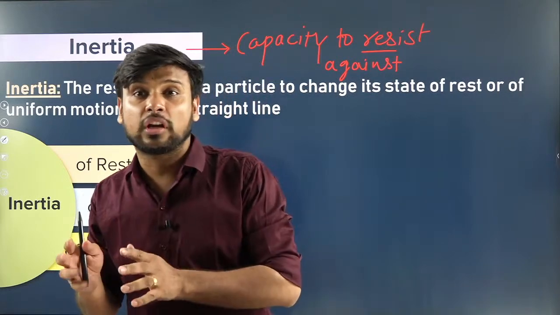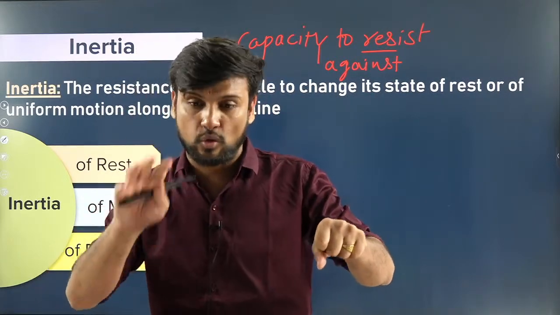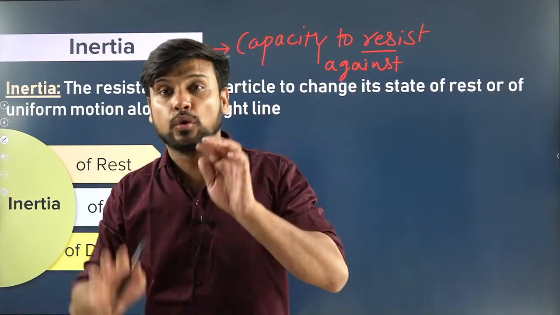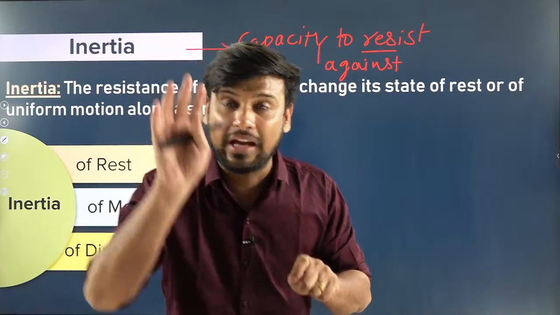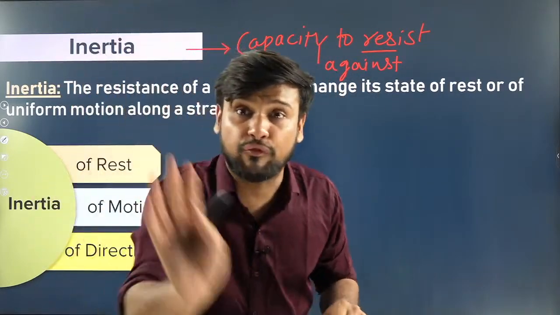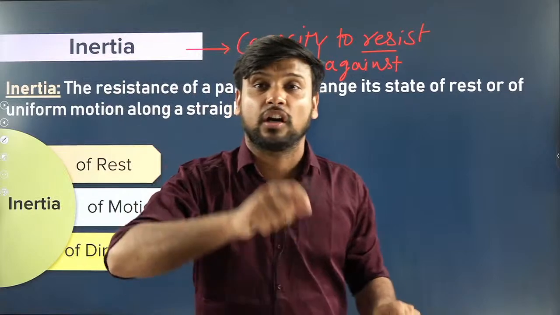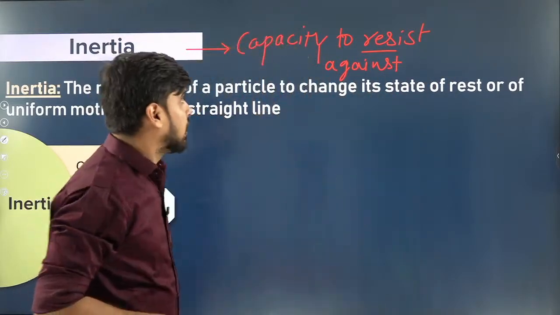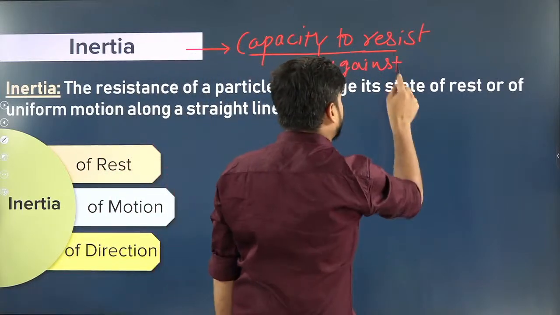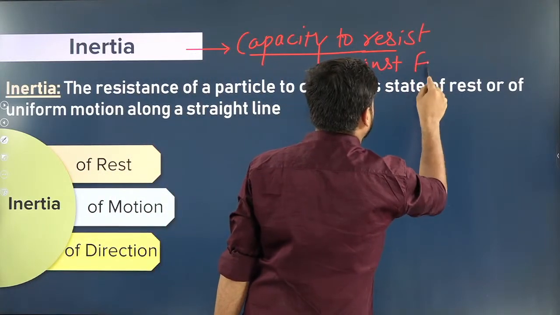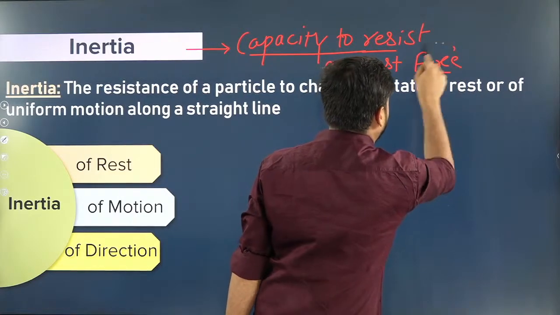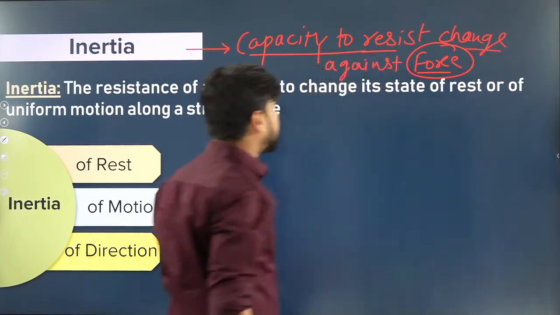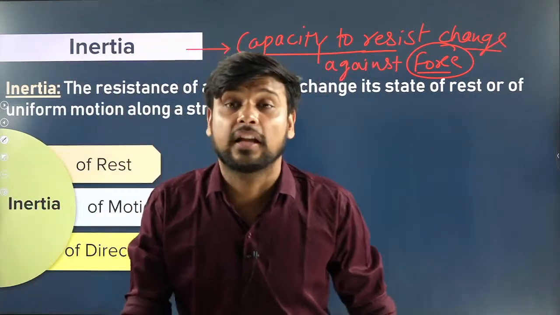If you are in motion, it will change that, just like in a car you apply the brake to reduce the velocity, and you apply the accelerator to increase the velocity. So this is what force is. Force is something which is used to change the state of your body. So he is a culprit. The capacity to resist against the culprit is inertia, and force is the one who is trying to make all changes.